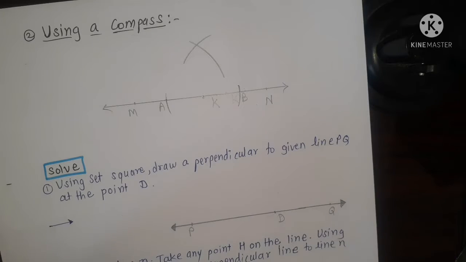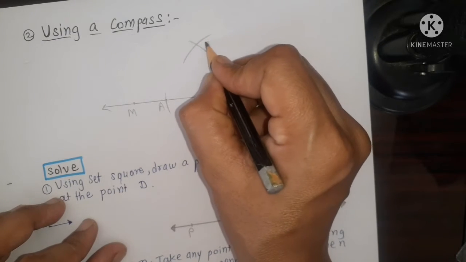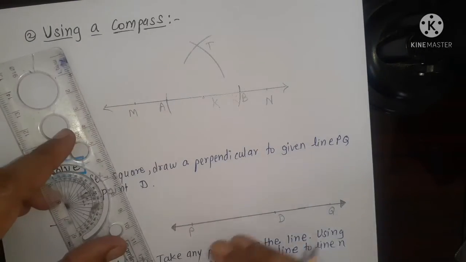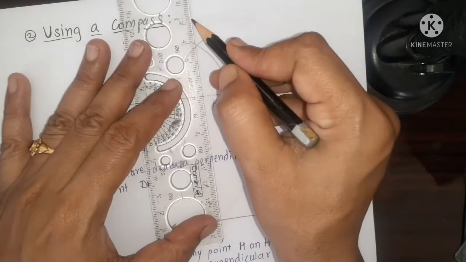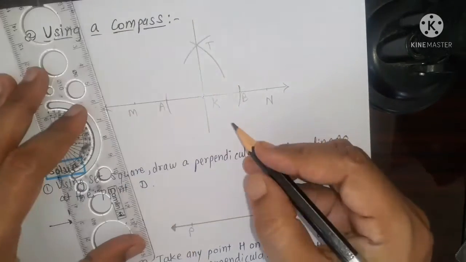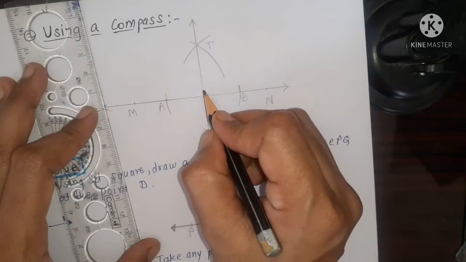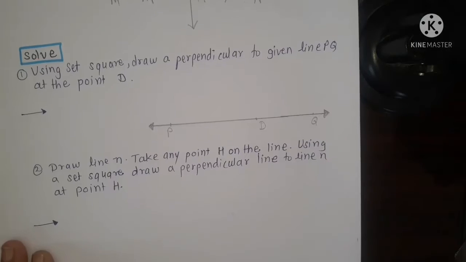We get a point T. Now we draw a line passing through points K and T. The line KT is perpendicular to line MN at point K.